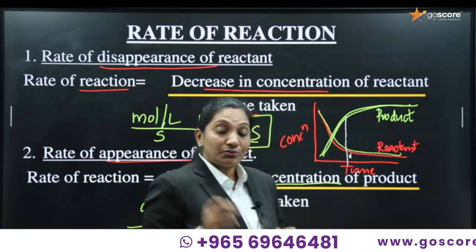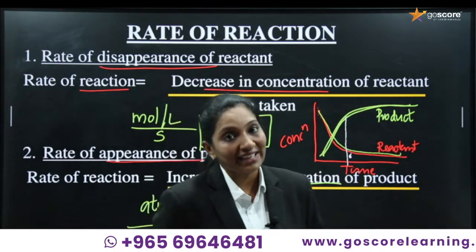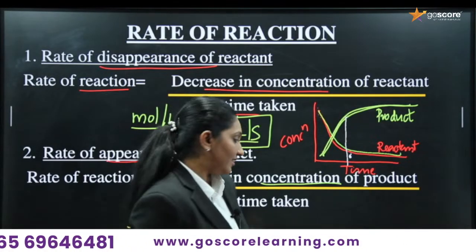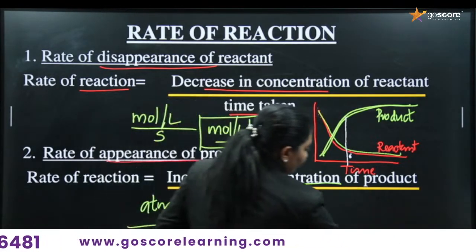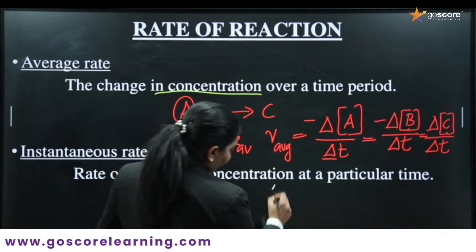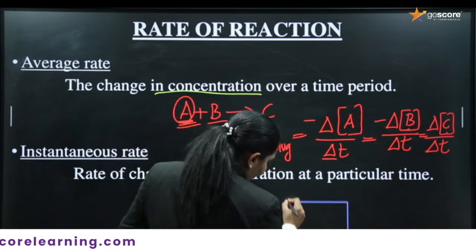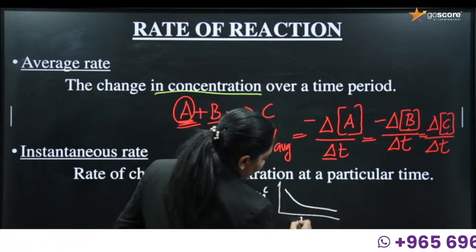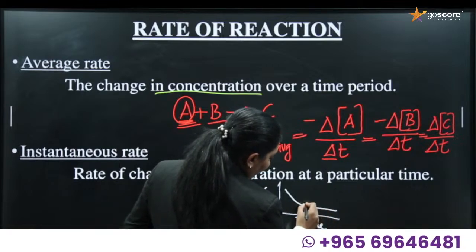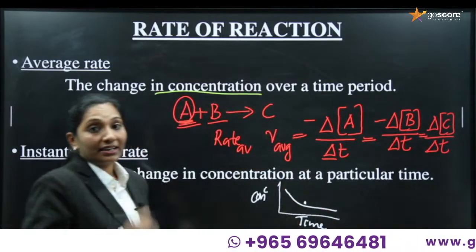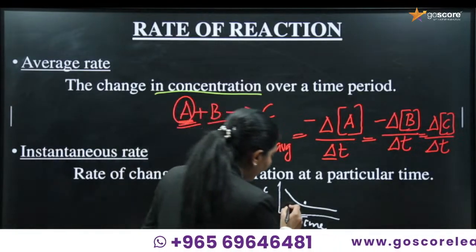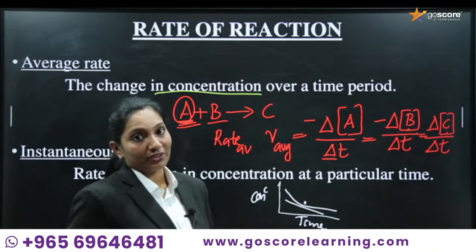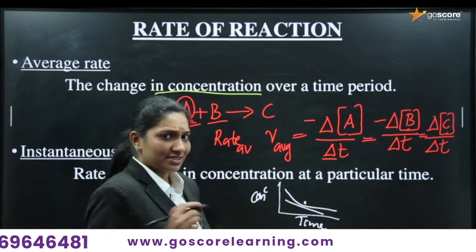From that point, we will draw a tangent line and we will find out the slope of that line. See, if you plot that graph for a reactant, concentration versus time, and you want to find the rate at a particular moment, we will draw a tangent line like this and find out the slope of that line. Okay, what is the slope?